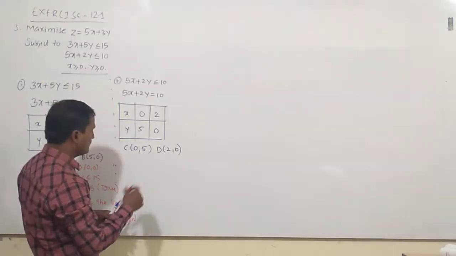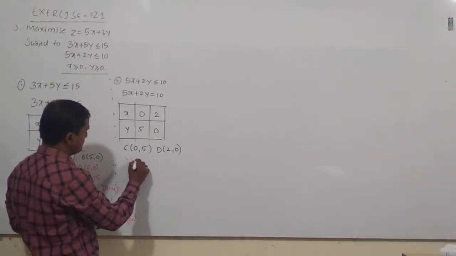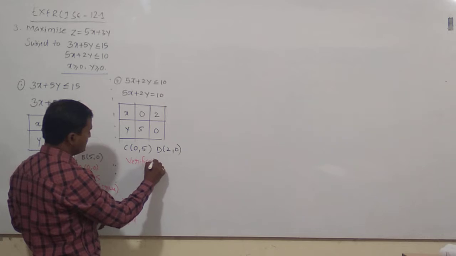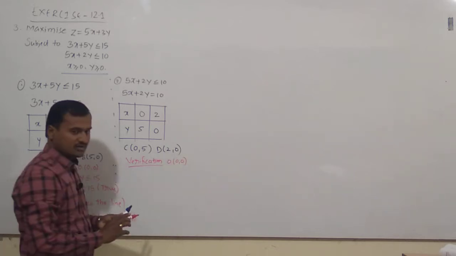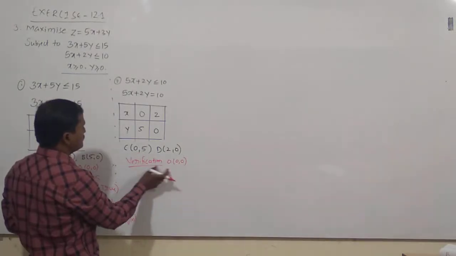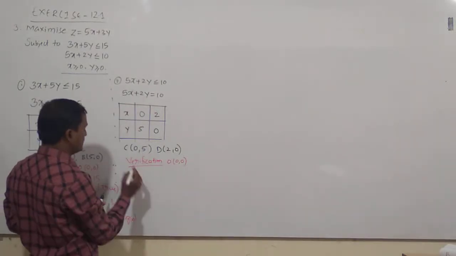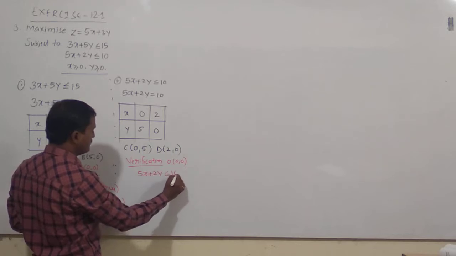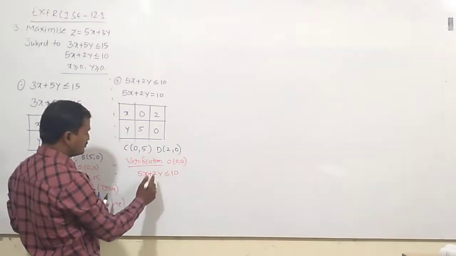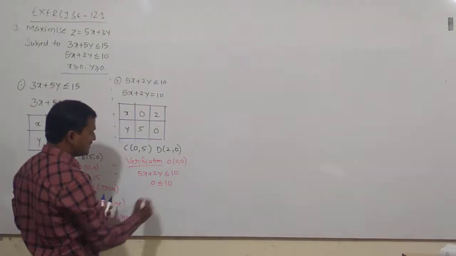Again you have to go for verification. Verification means we have to take the coordinate of the origin and substitute it here in 5x plus 2y less than or equal to 10. Substituting 0, again we get 0 less than or equal to 10.